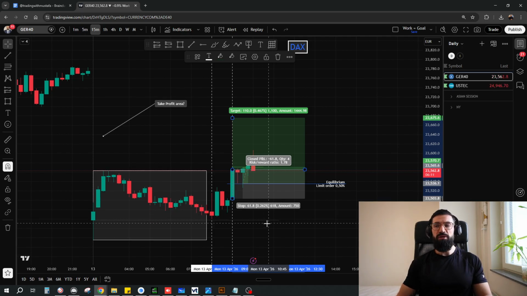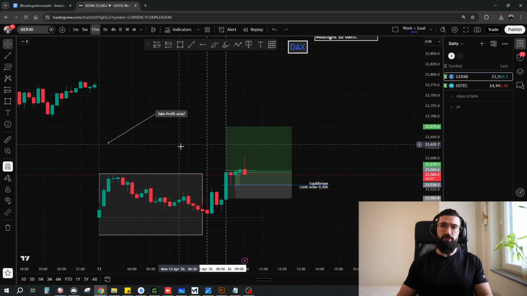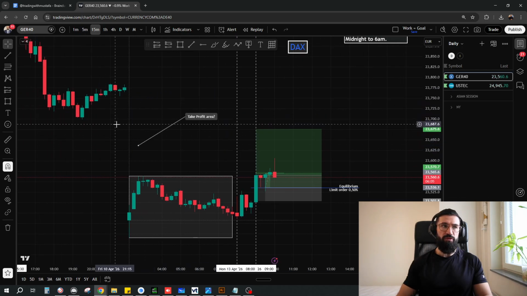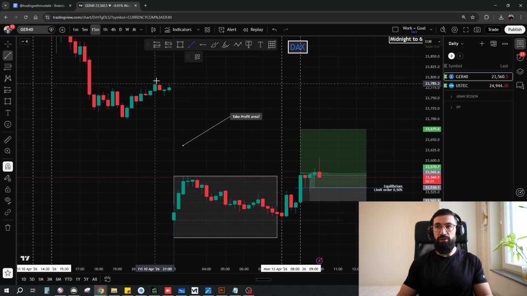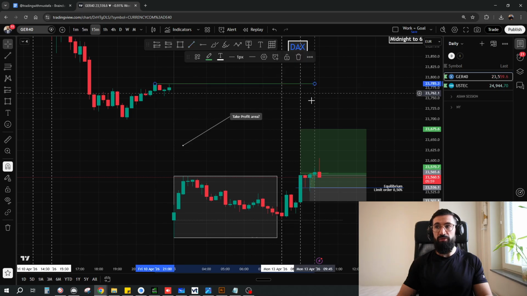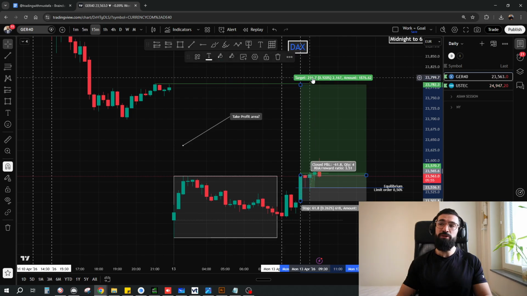I'm not interested in taking these huge stop losses. Why? First of all, there is no clear take profit area from this section right here, right? We don't have any liquidity. The only liquidity that we have is resting above these highs. So you're telling me that the market is going 216 points to take out liquidity today? It's not likely to happen.